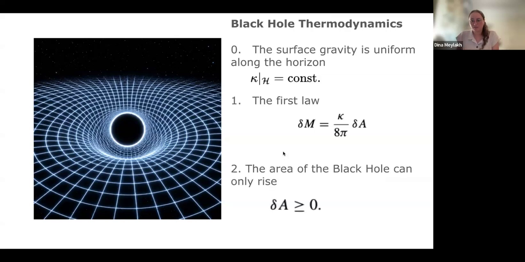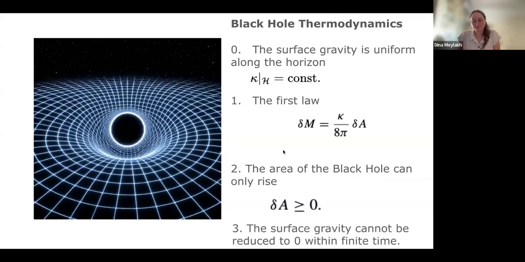The second law is that the variation of the area of the black hole does not decrease, so it can only rise. And the third law is that the surface gravity cannot be reduced to zero within a finite time.